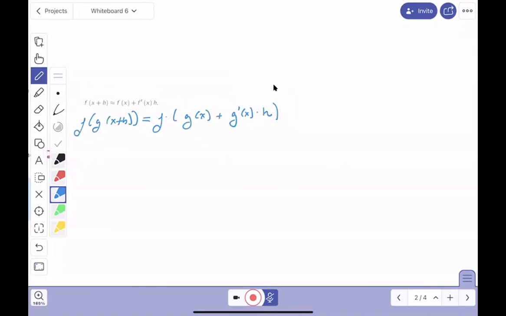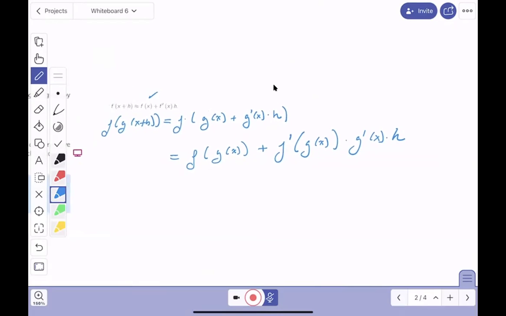So if we can do that, it's going to be f of g of x, I'm just doing this over here, local linearization, plus f prime of g of x times g prime of x times h. That was a lot of work, wasn't it?